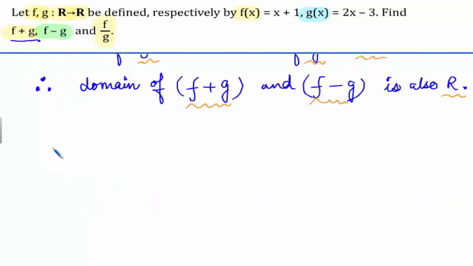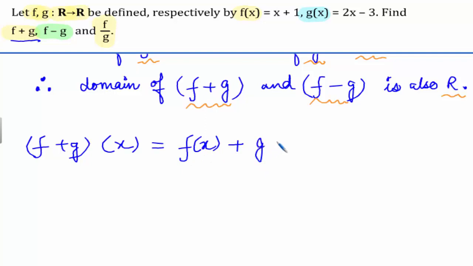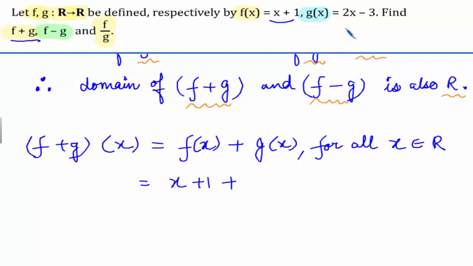Now f plus g of x is equal to f of x plus g of x for all x belonging to R, and f of x is given by x plus 1 and g of x is given by 2x minus 3.